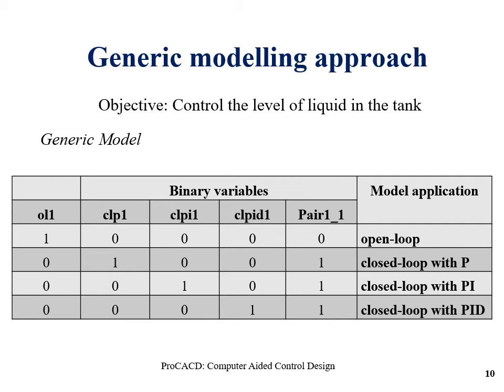Similarly, you can run closed loop simulations for PID and PI types of controllers depending upon the variables. As I told you, the suffix 1 represents one set of MV and CV, and if the system has multiple inputs and outputs, the model has to be expanded correspondingly, including all the pairs available in the system.